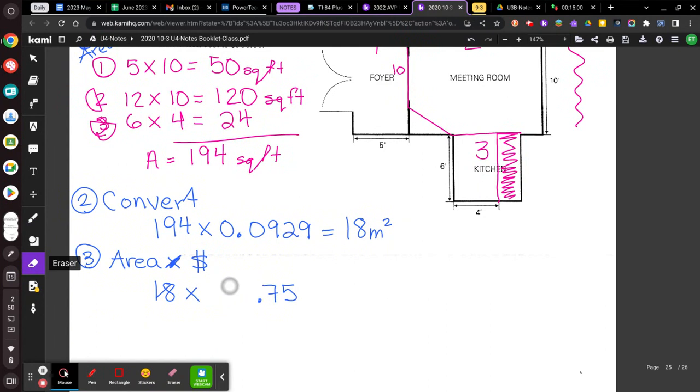Okay, let's try that again. Okay, so we took area times the money. Holy, it's froze again. This is brutal here.